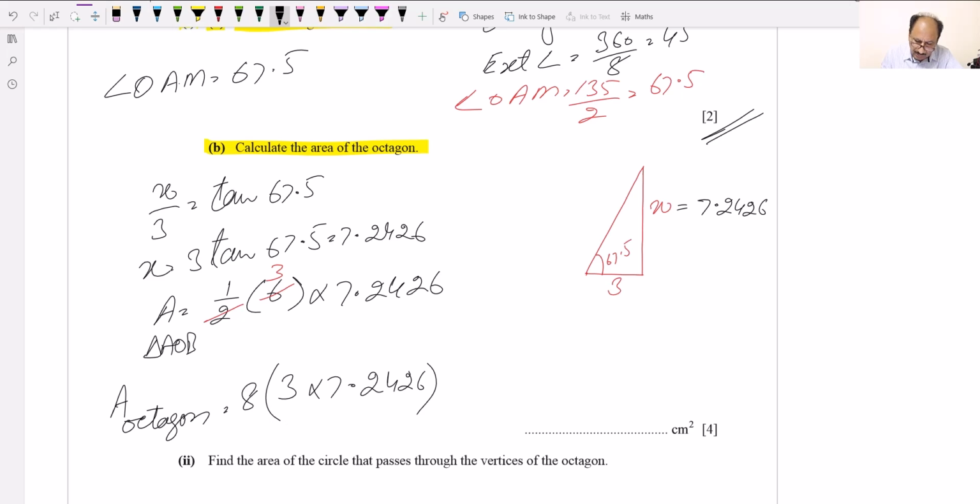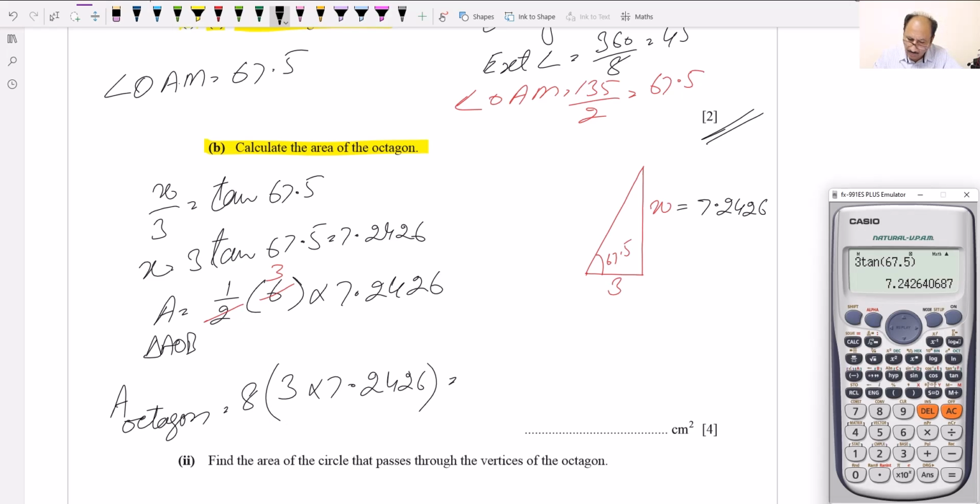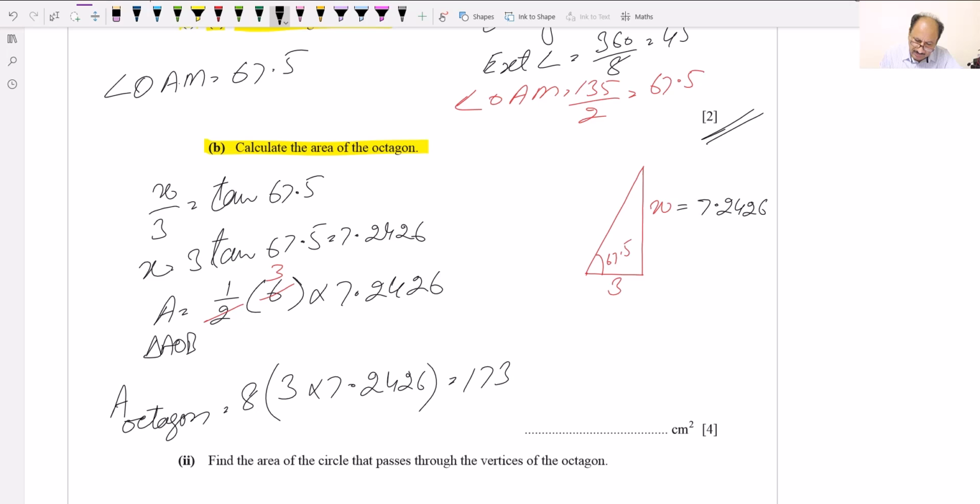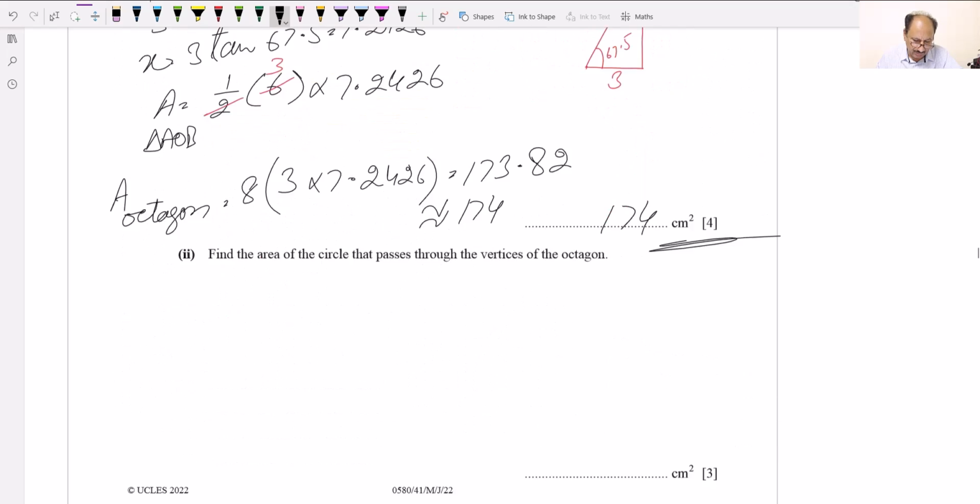Now we can solve this, multiply by 3 and then multiply by 8, which will be equal to 173.82 something, so we can round it to 174. So 174 centimeters square, and this is a 4 marks question.